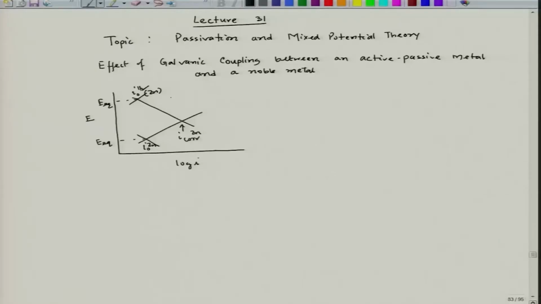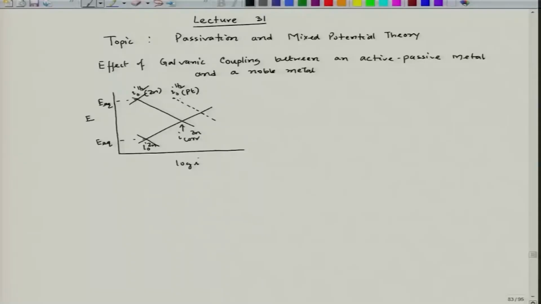Now, if the exchange current density of hydrogen evolution on platinum surface is higher than on zinc surface, it will have its own cathodic polarization, but you have to add all the cathodic current densities and you have to see a mixed potential point where your total rate of cathodic reaction is equal to total rate of anodic reaction.